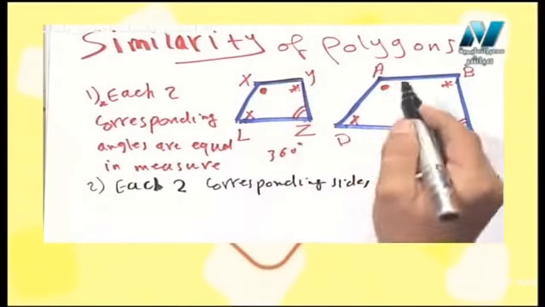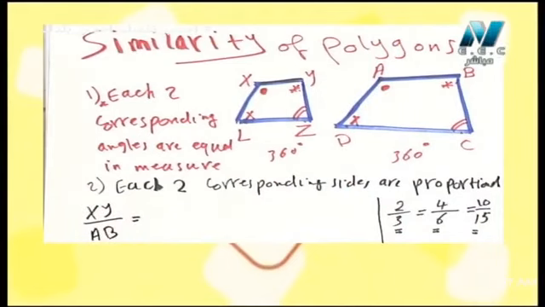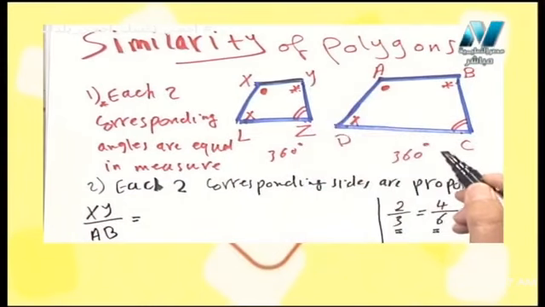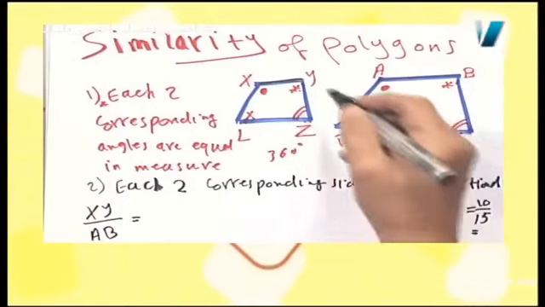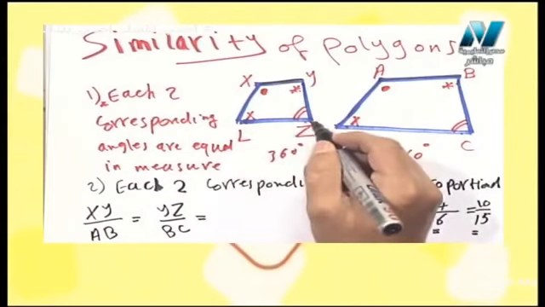So XY and AB make one ratio, XY over AB. And YZ is clearly corresponding to the side BC. So YZ over BC is another ratio.